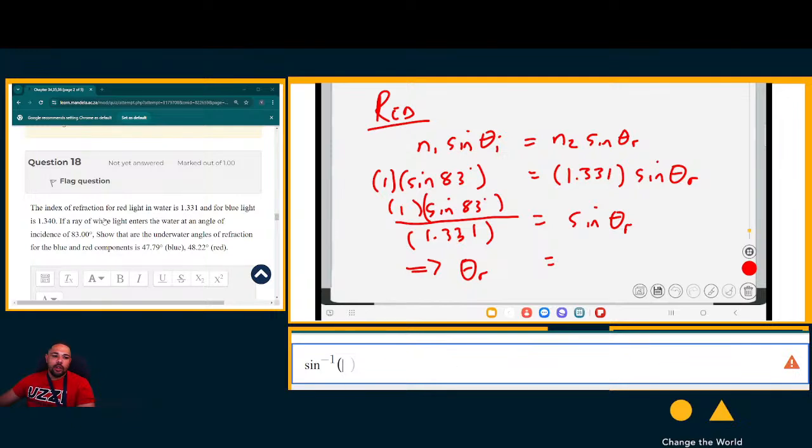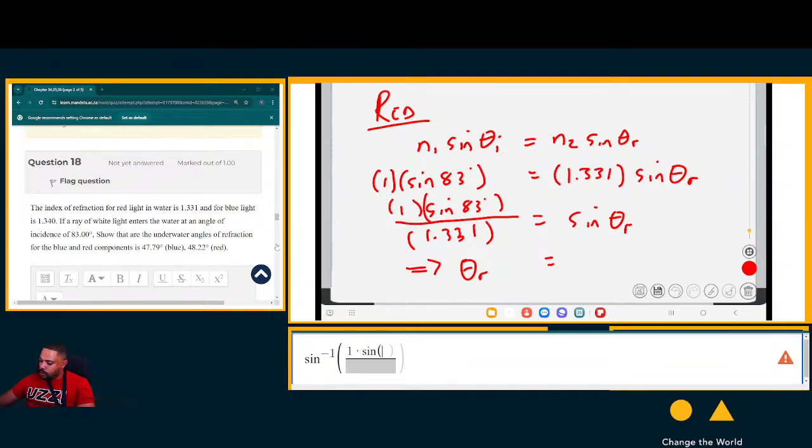Second function sine of 1 multiplied by the sine of 83, close the bracket, divided by 1.331.